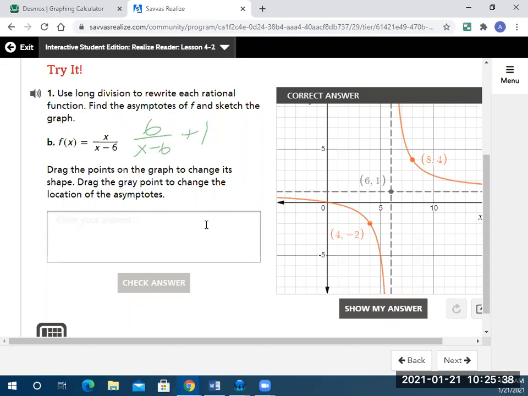So where is our new horizontal asymptote? y equals 1, right? Now that you know what the asymptotes are, what are the domain and the range? x does not equal 6, and y does not equal 1, right? If you were to plug in 6 into this function, you would have 6 minus 6, which is 0, and you cannot have a 0 in your denominator.